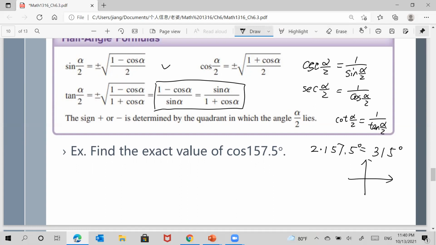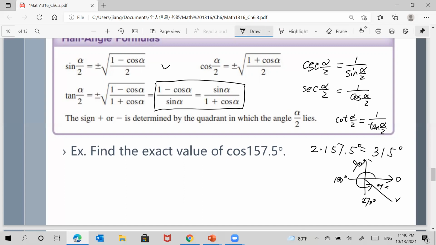So 315 is an easy angle. Why do I say that? So here is 0. Here is 90 degrees. So this is 180 degrees. This is 270 degrees. So the 315 must be in the 4th quadrant. So from here to here. What's the reference angle?